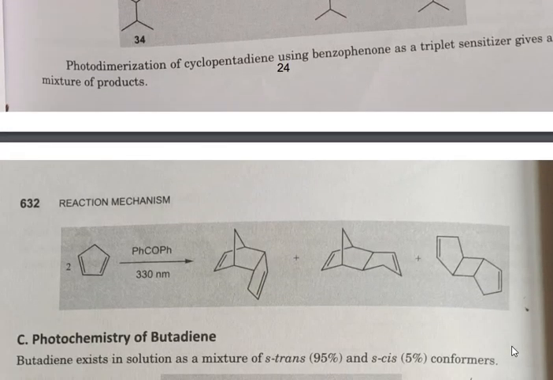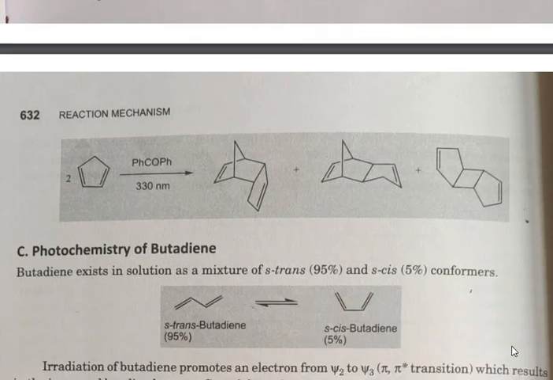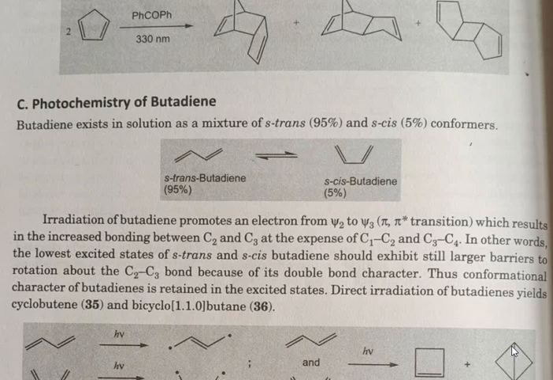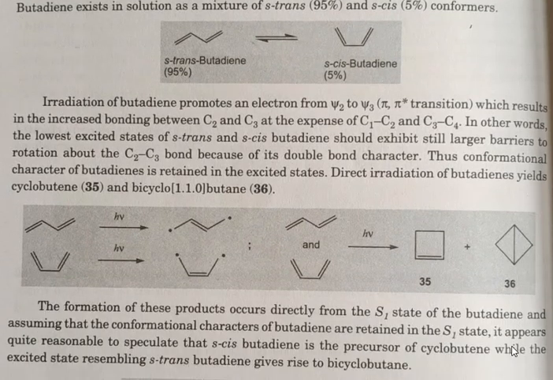Now these two compounds undergo reaction with benzophenone at 330 nanometers. It will give 3 products of dimeric form. Now, photochemistry of butadiene. You see the s-trans butadiene and s-cis butadiene, 95% and 5%. What happened here?